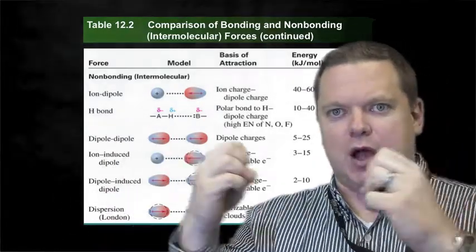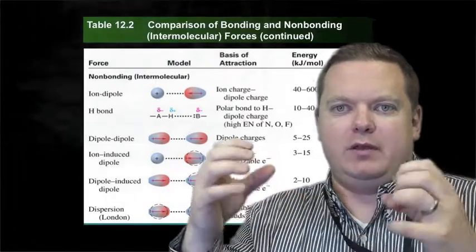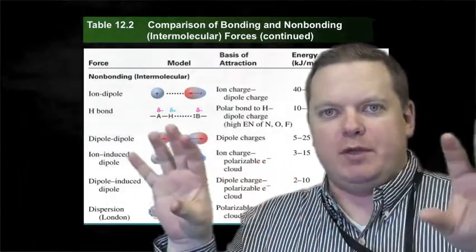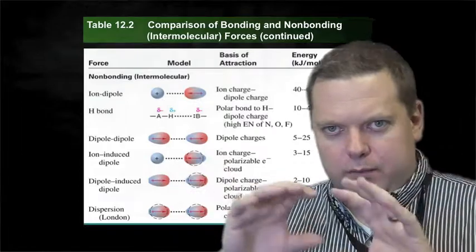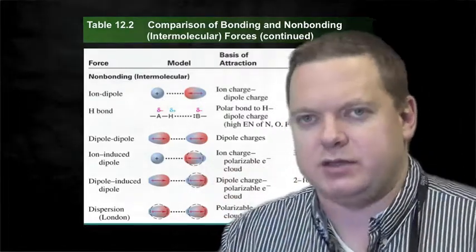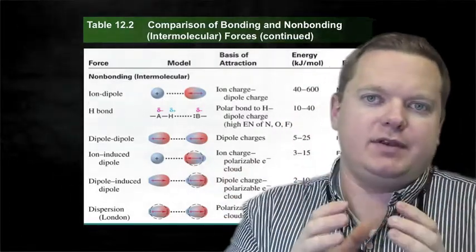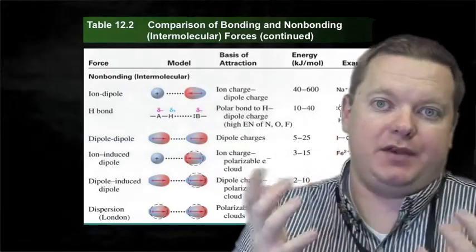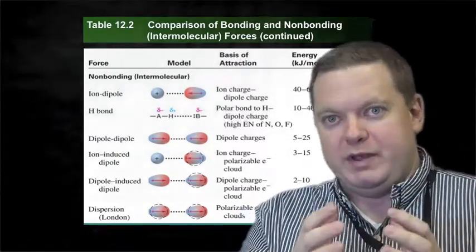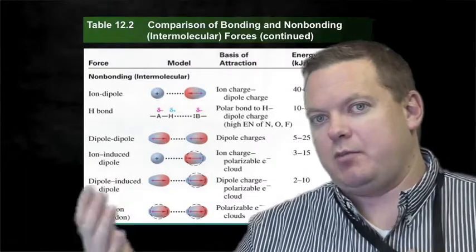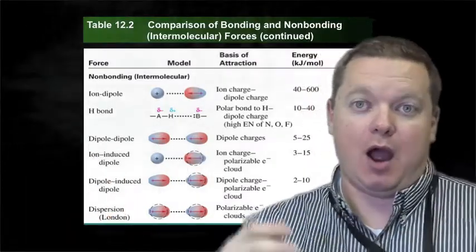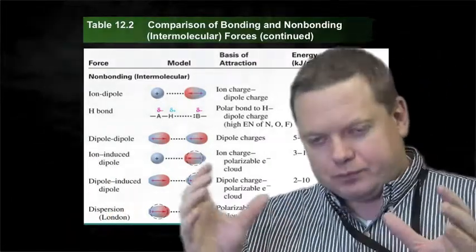As molecules come close together, the electrons are going to move away from each other, or since their electrons are constantly moving, there's a potential that at any given time that molecule is going to have a temporary dipole, which means it's going to be attracted to another molecule that also has a temporary opposite dipole.